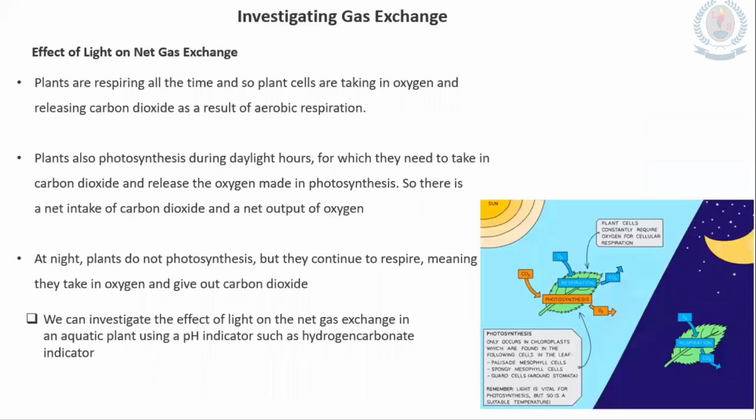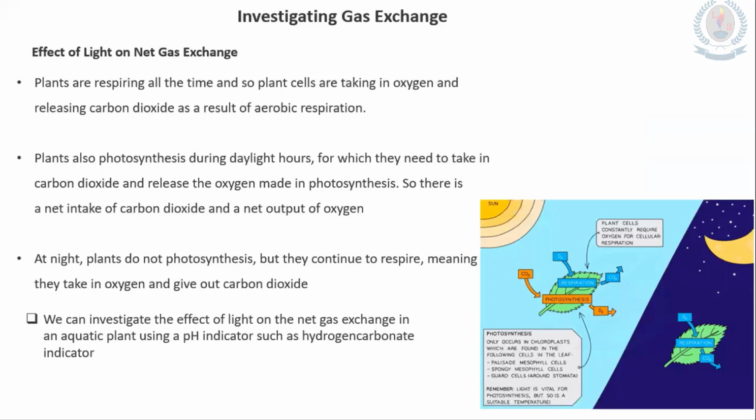Right. Now we will see the gas exchange which is happening in the plant body: the effect of light on net gas exchange. Normally plants are respiring all the time, so during respiration they are taking in oxygen and giving off carbon dioxide.